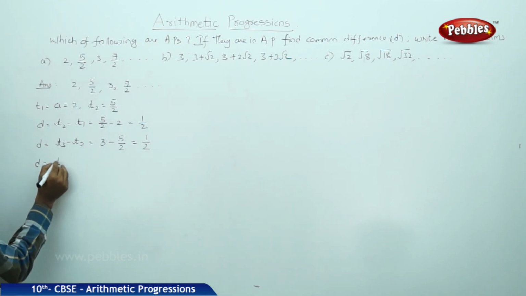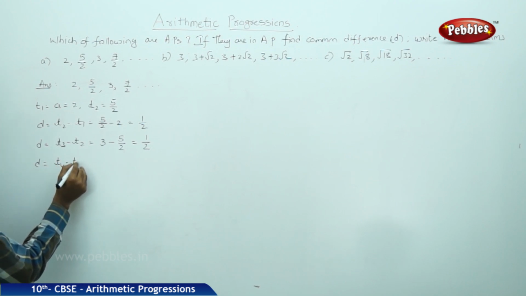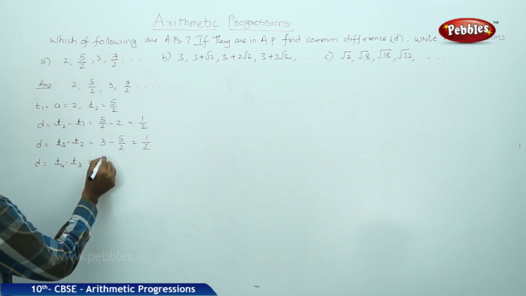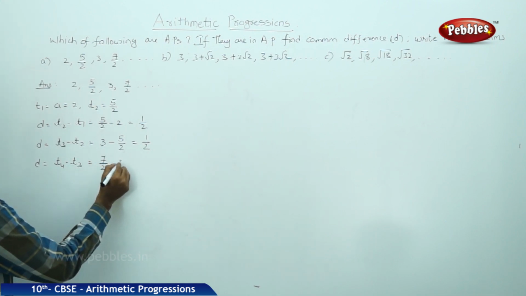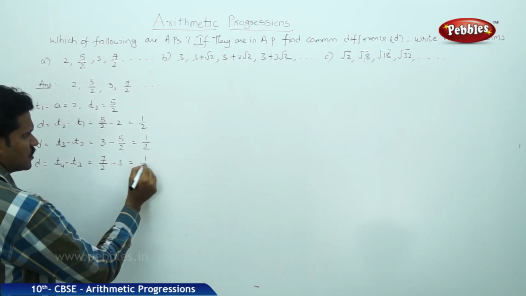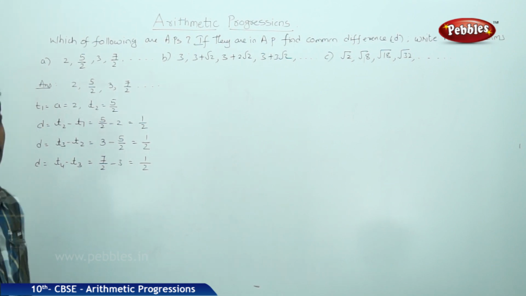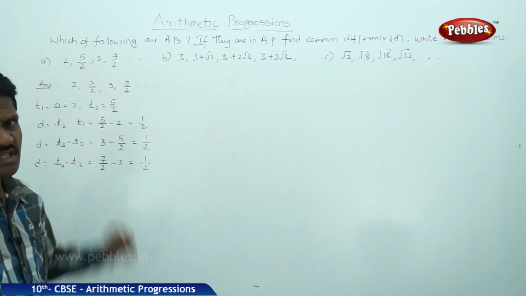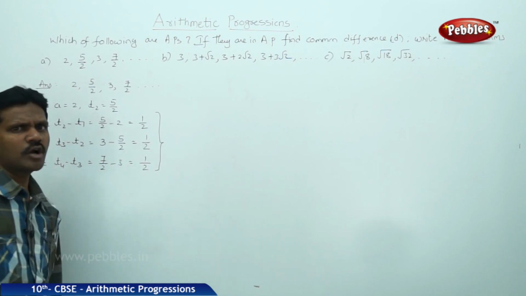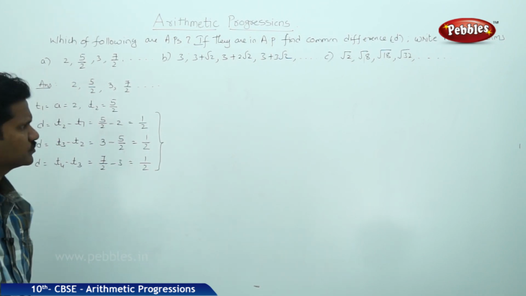Now D is equal to T4 minus T3. T4 is 7 by 2 minus 3. That is 2 threes are 6, 7 minus 6, that is 1 by 2. That is, the given sequence is maintaining the constant common difference, 1 by 2.